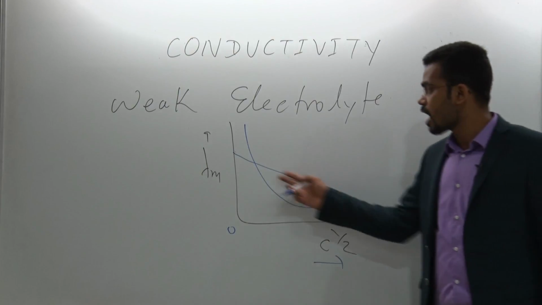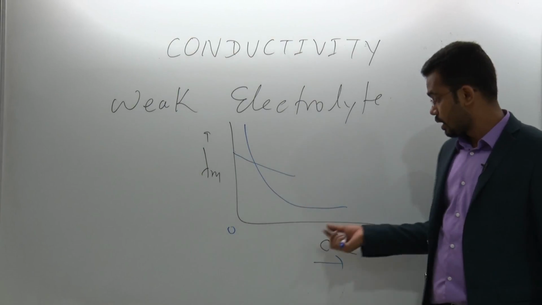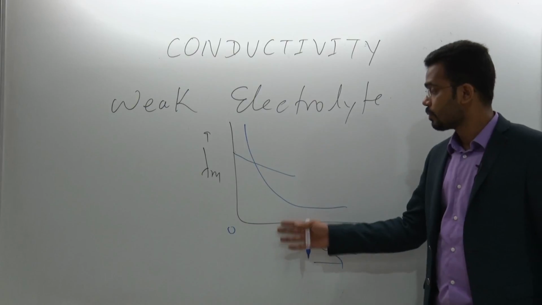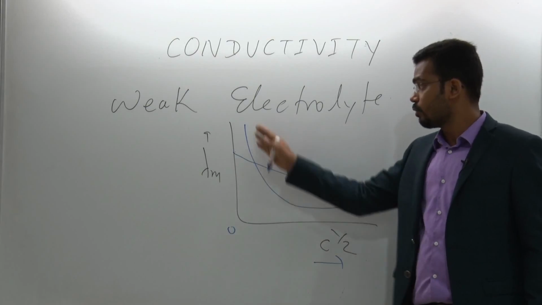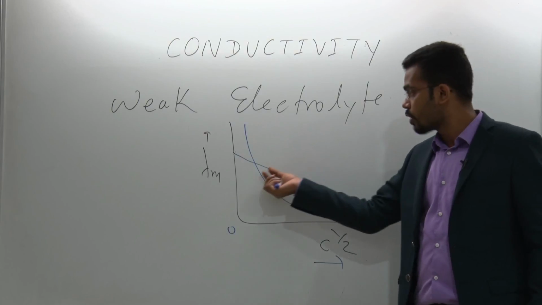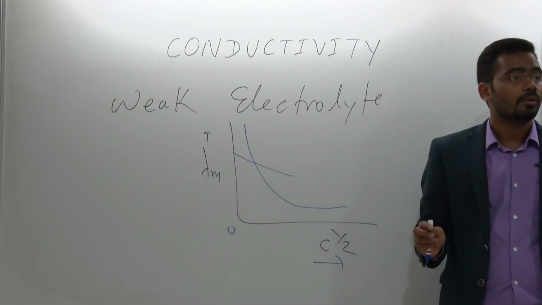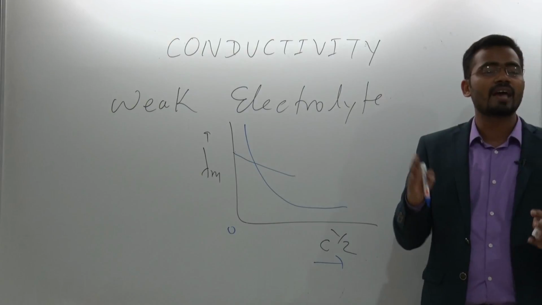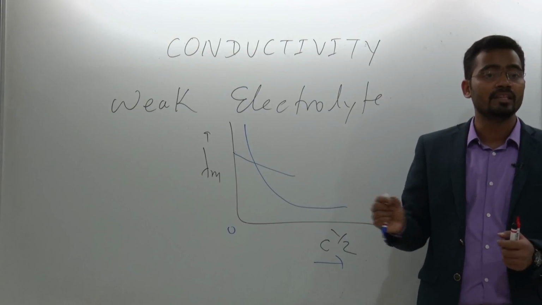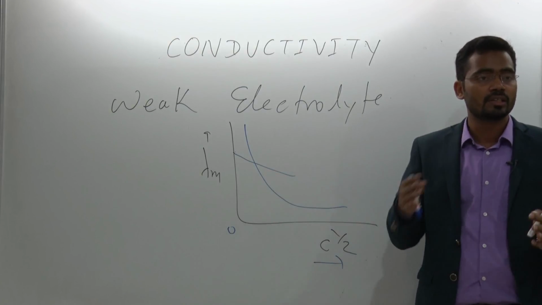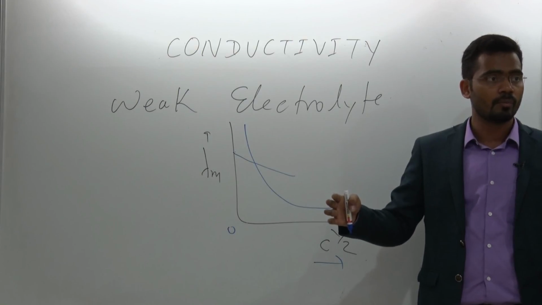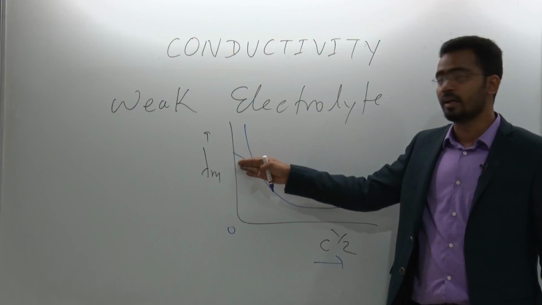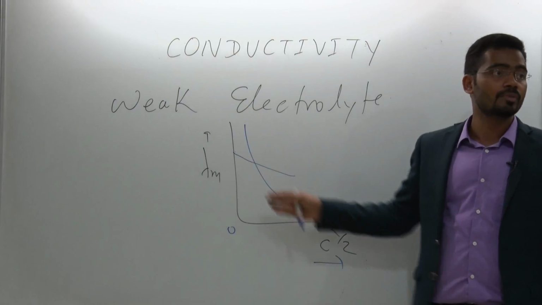There is no sharp change. As concentration decreases, molar conductivity increases, but not like a weak electrolyte. Why? Because simply the force between cation and anion decreases because of dilution. The distance between cation and anion will increase. Yes or no? So there is no sharp change here, but the weak electrolyte has a sharp change.